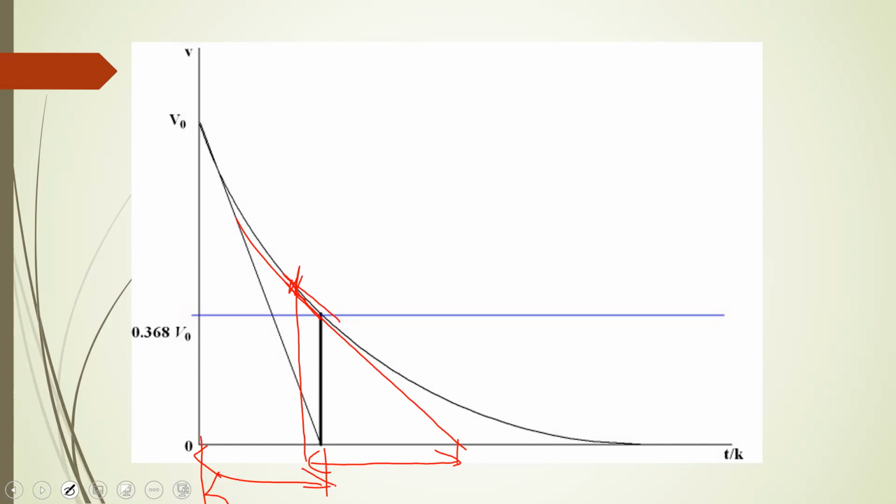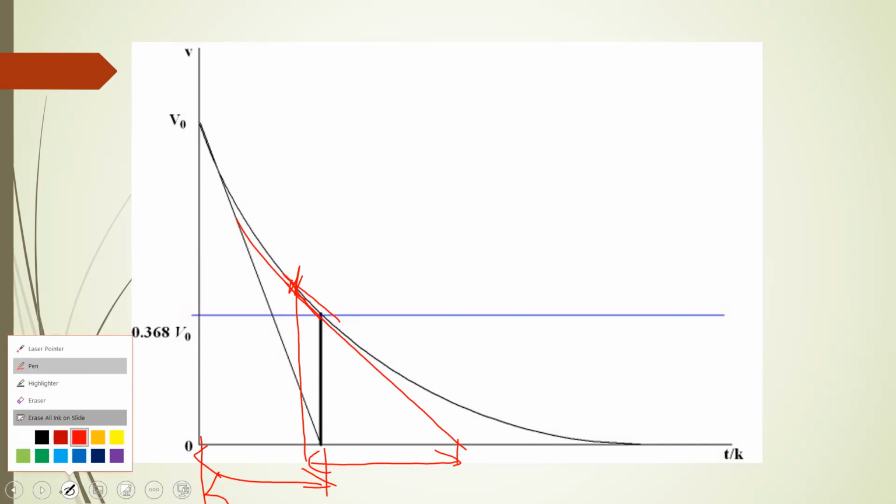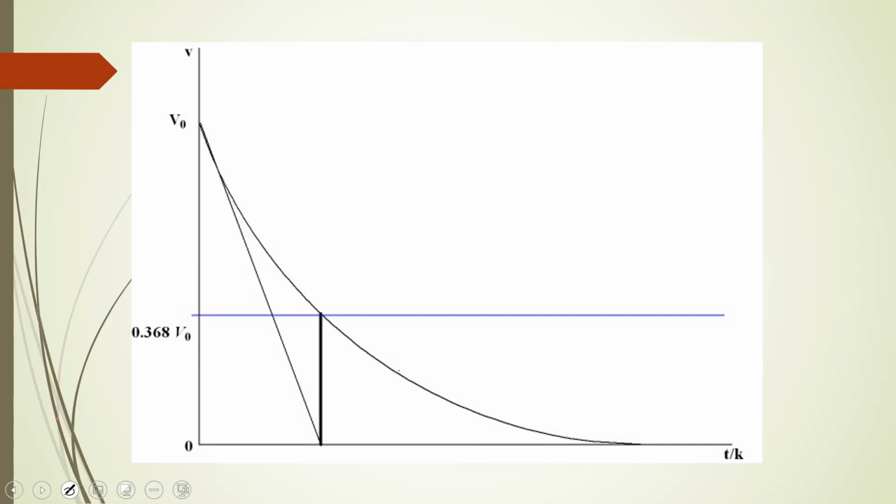If you took another tangent at another point, let me remove all of this. If you took another tangent at this point, I will mark the tangent there. We're saying that that would be equal to tau. Let me put one in blue. Again, it's not drawn to scale.